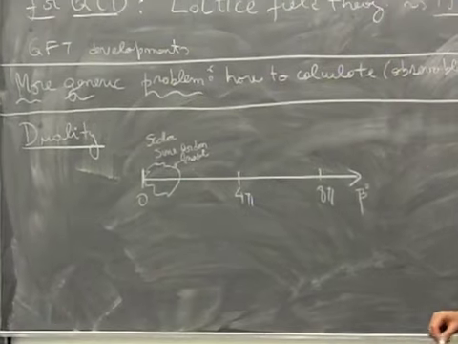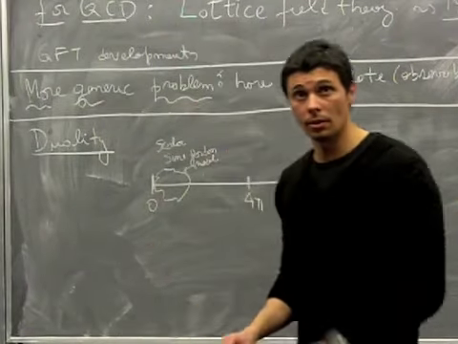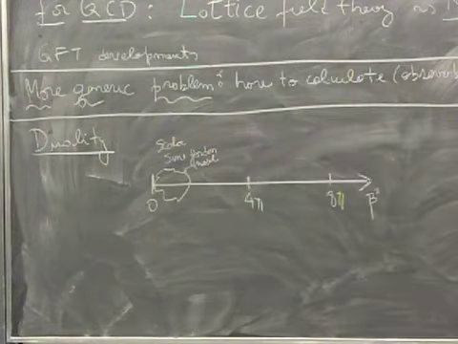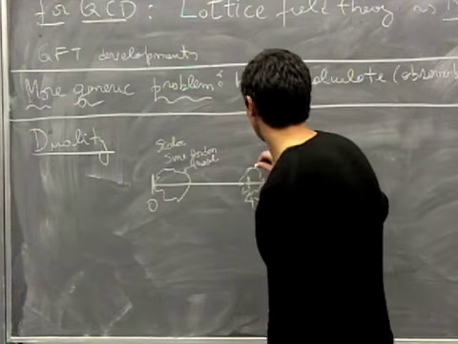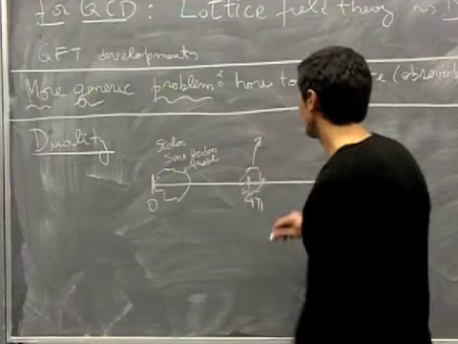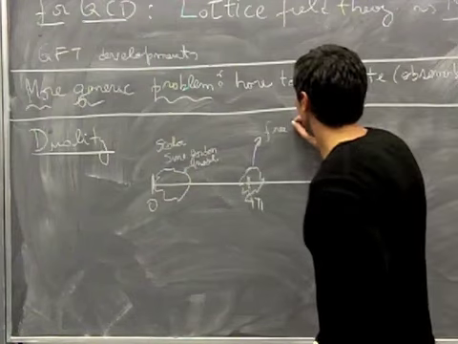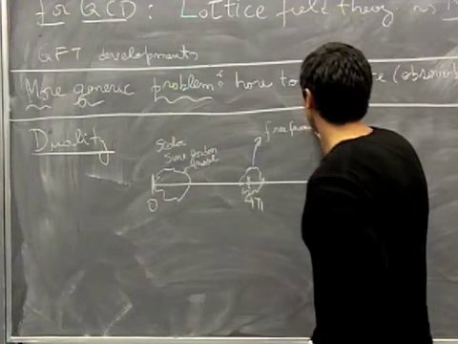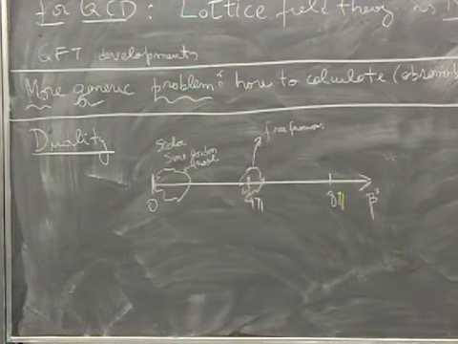Okay? And by best description, I mean it's the description that is naturally weakly coupled. On the other hand, if you are there, what you will notice is that your best description is in terms of free fermions. Right? Because the coupling of the fermions goes to zero according to that.